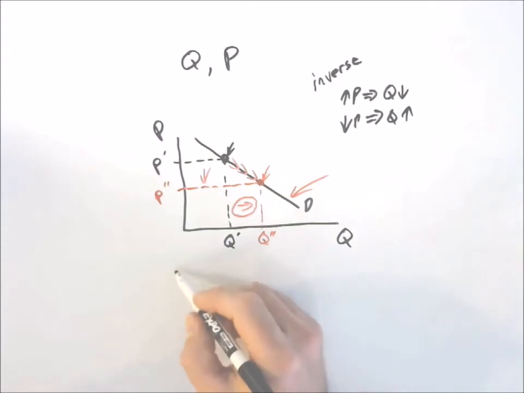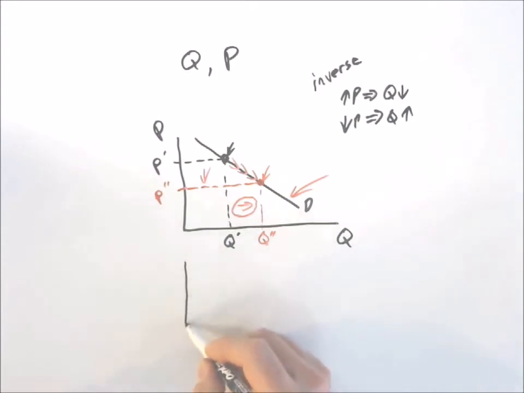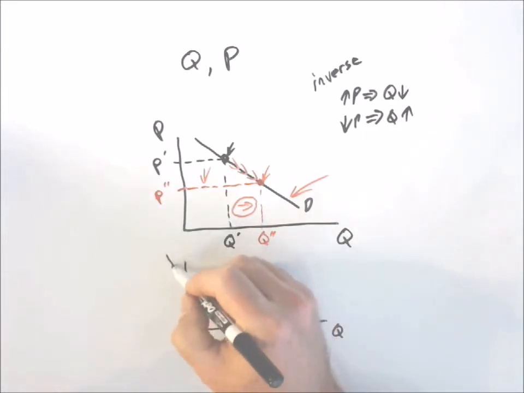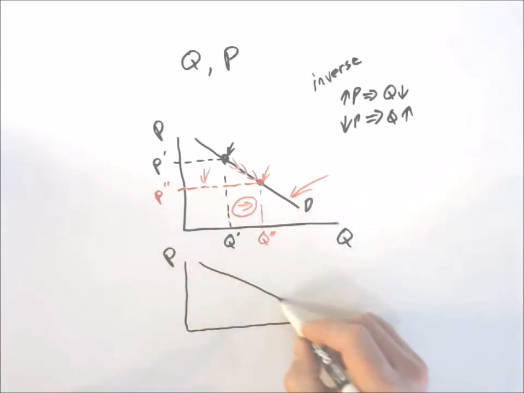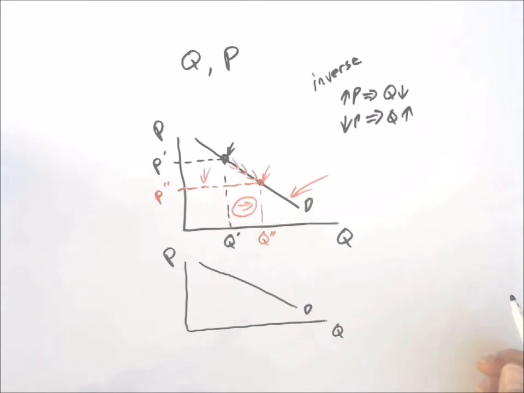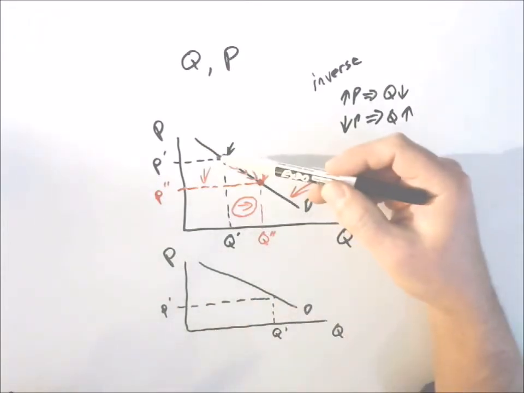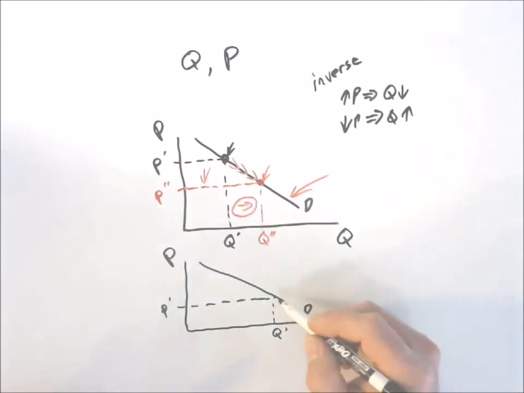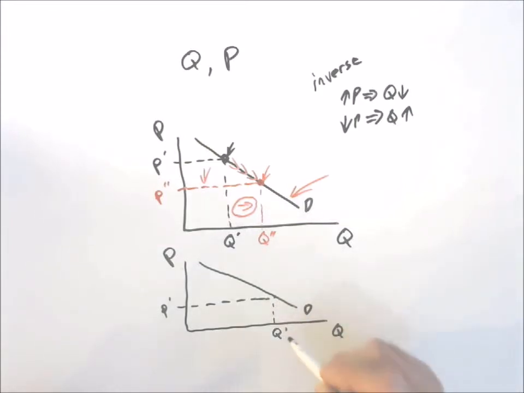Vice versa, if I draw the demand for a product and I start out at a price of P prime, but again, this is a different P prime, obviously lower than the other P prime, my quantity demanded is Q prime.